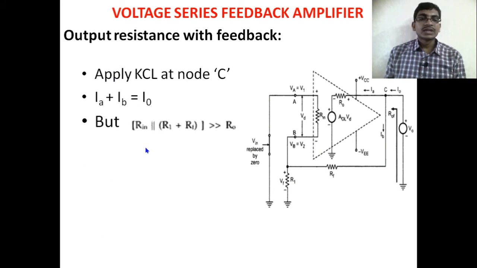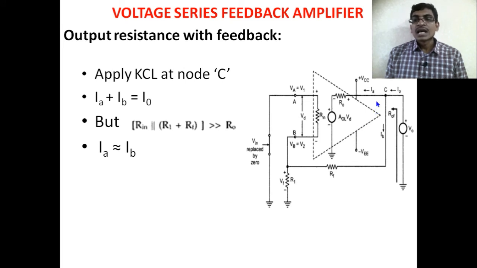But we know that the input resistance RIN in parallel with R1 plus RF is very much greater than R0. The RIN is in parallel with the RF plus R1 resistances, and this parallel combination is very much greater than R0 because the output resistance of our operational amplifier is very small.